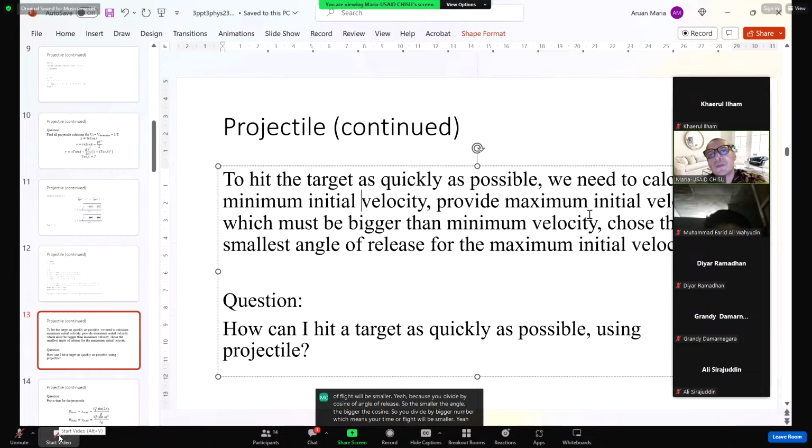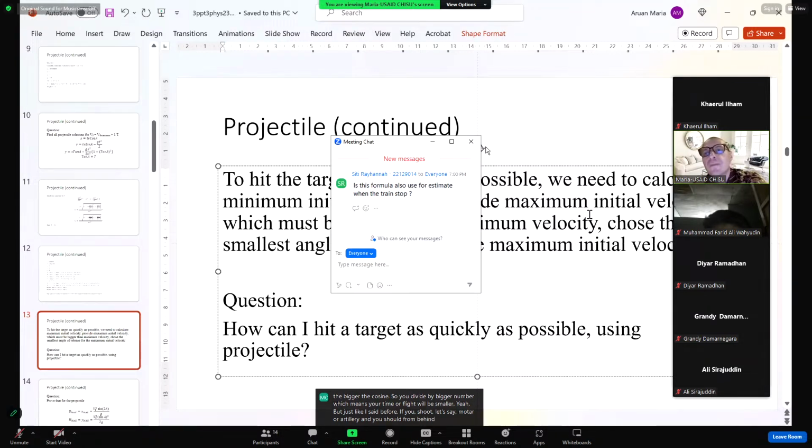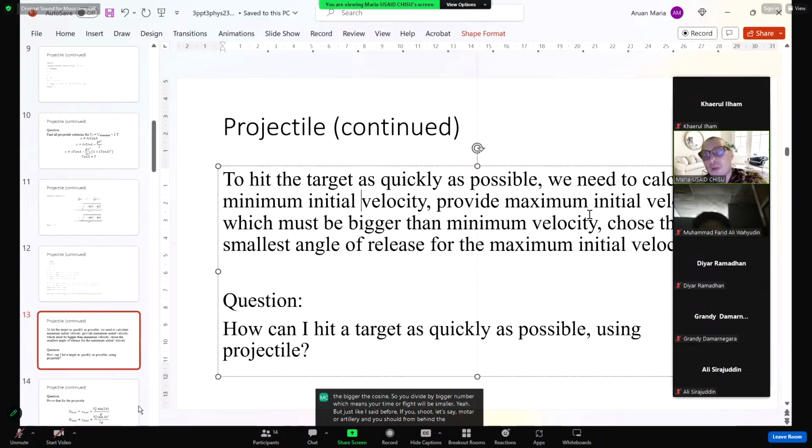But just like I said before, if you shoot, let's say, a mortar or artillery from behind a hill or from behind a building, then you may need to choose the bigger angle of release to hit your target.